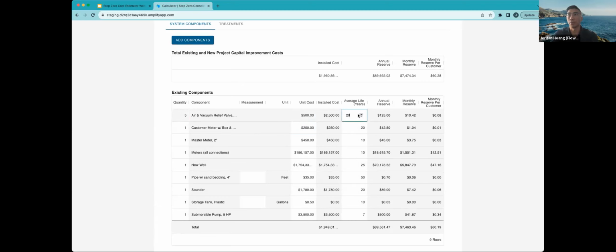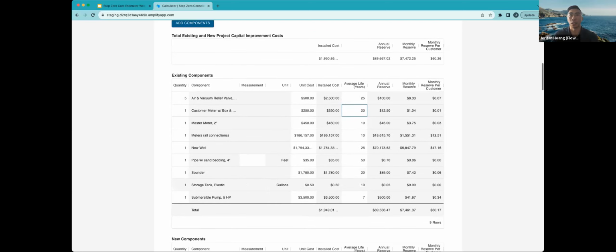Lifespan, again, we used a pre-populated value for different categories of component types, but those are adjustable. On change, those dollar values are updated. And then some of the components take a measurement, whether it's length or volume. Adding that measurement is going to affect the installed cost.